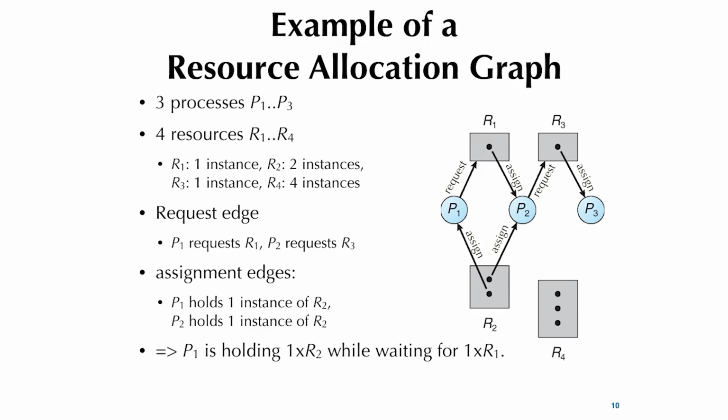Then it can make progress. Because R1 and R2 are already assigned to P2, and R3 is being requested, if it gets granted, the arrow reverses direction, right? So if it has all the resources it needs, it can make progress and then release them.